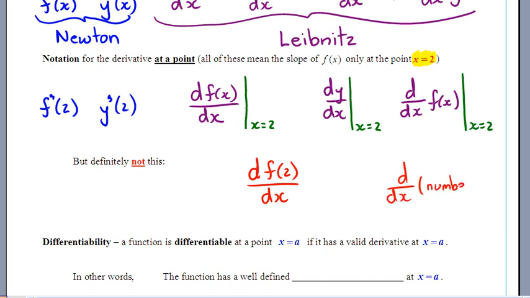And the derivative of a number is like asking, what's the slope of a constant function? And it's always just equal to 0. So we don't want to do that, right? You do actually have to say df dx, and then evaluate it at x is equal to 2.